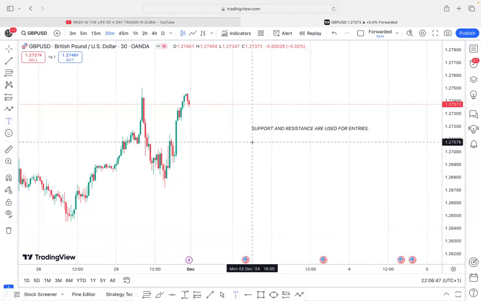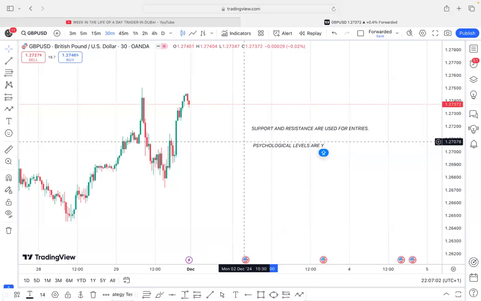When you're using support and resistance, you're supposed to use these zones called psychological levels to mark out your significant zones.